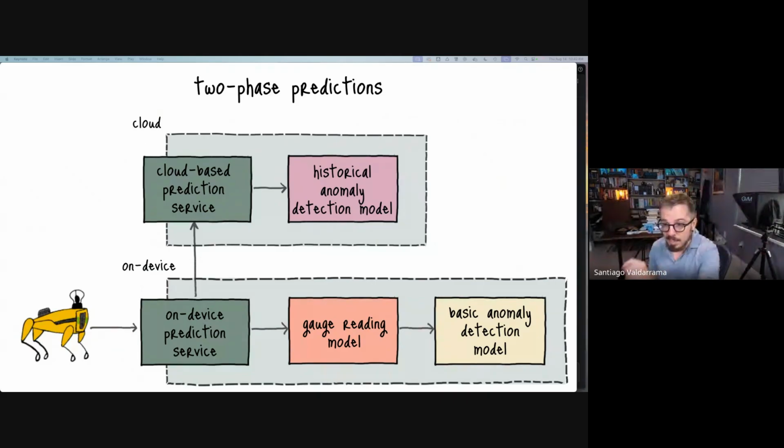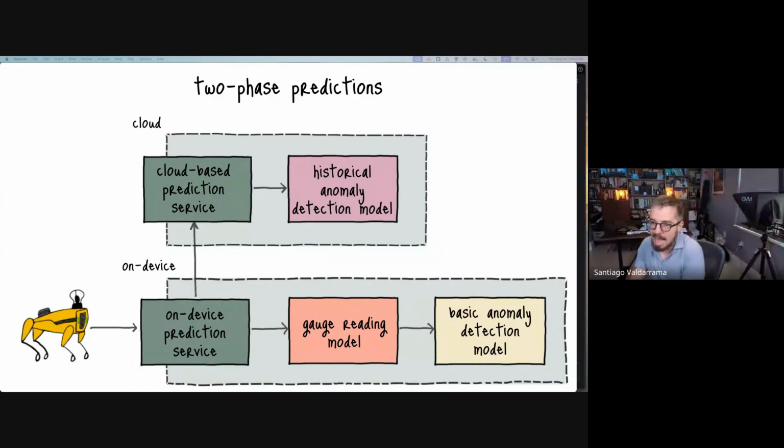But we could not do historical analysis, which is also very important. And that is when we engaged the cloud model. It's just part of the same package, just a more powerful model. That more powerful model will look at the historical readings of that particular gauge to detect things like, yeah, 120 PSI is not a problem, but last week was 119, and the week before was 117, and the week before was 115.